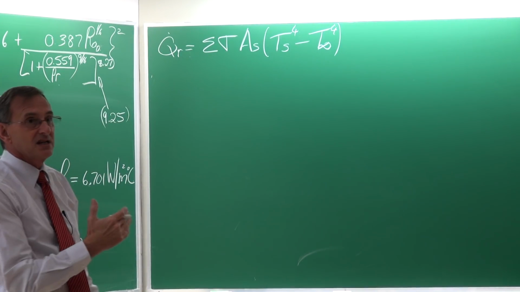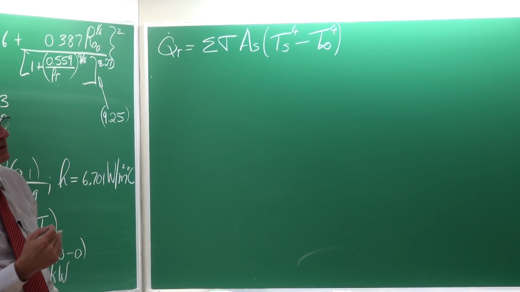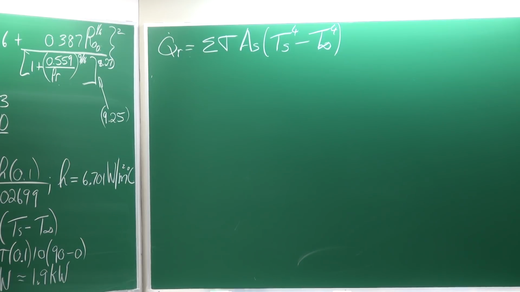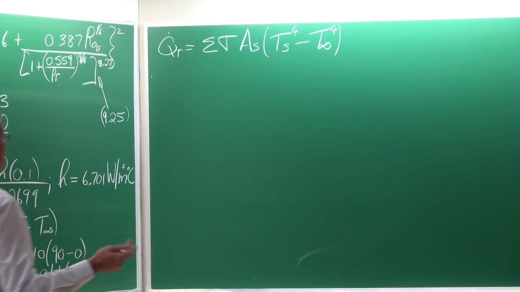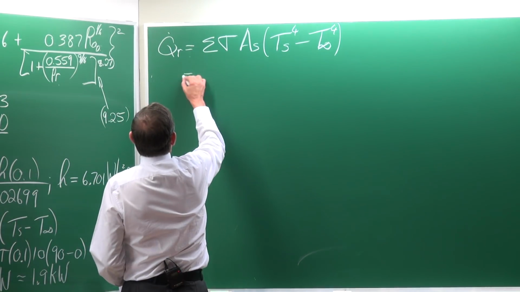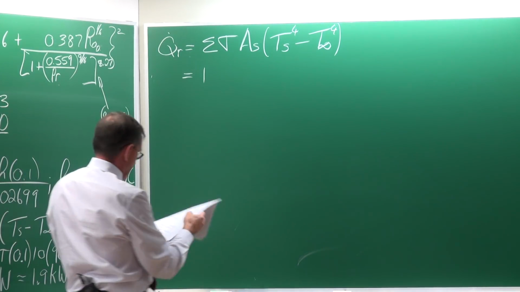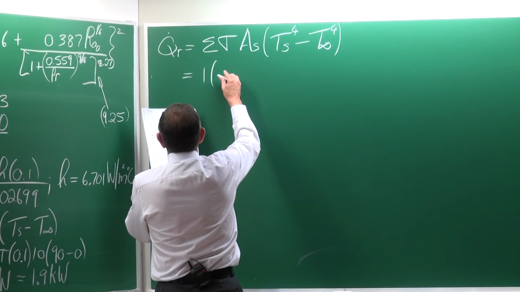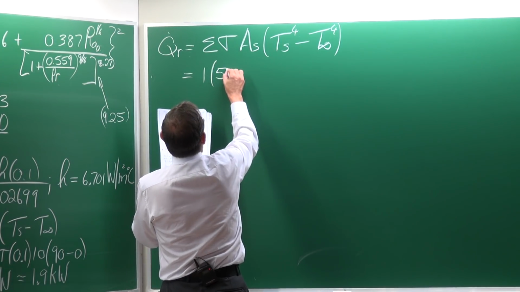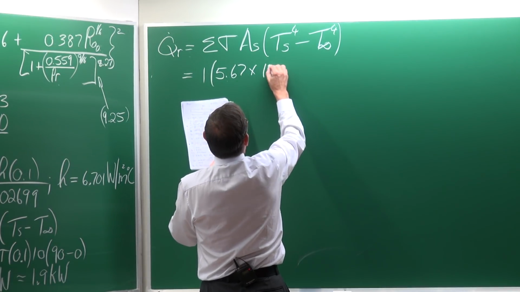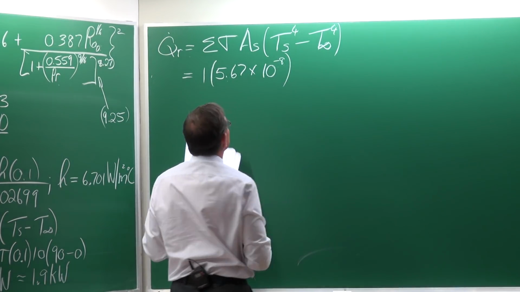And they didn't give us the emissivity because that would have given us a hint that we should take the radiation heat transfer into consideration, but let's assume it is equal to 1. The Stefan-Boltzmann constant is equal to 5.67 multiplied by 10 to the minus 8.